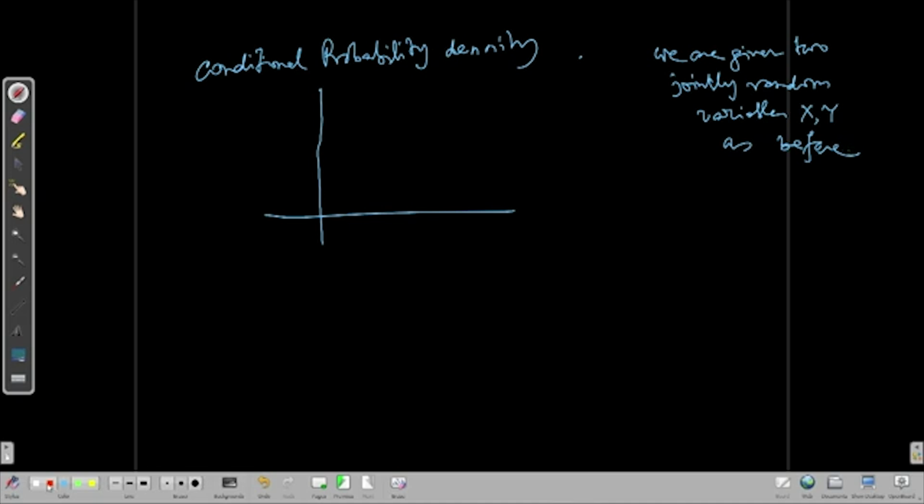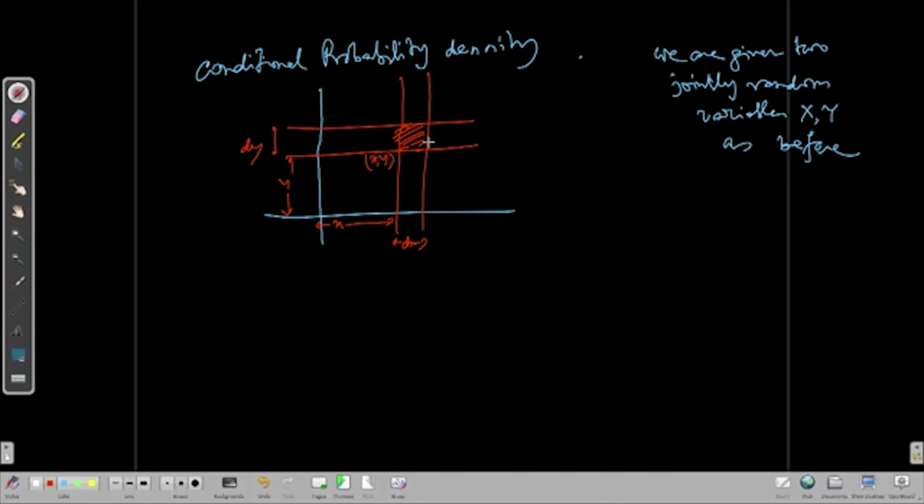So, this much is my x, this is dx, this is y, and this is dy as before. This point is x y. So, I have to find out the chance of capital X comma Y pair falling here. That we have already done. Now, I will do the same thing in another way.